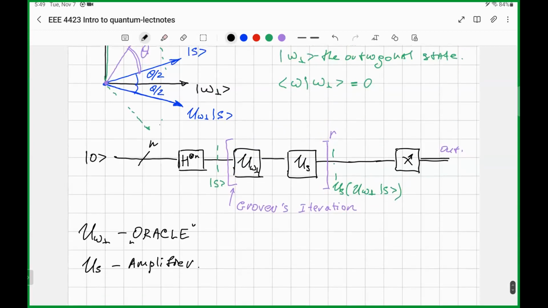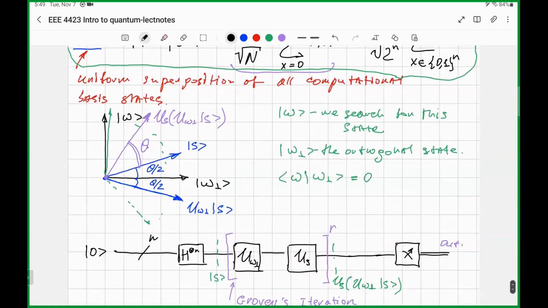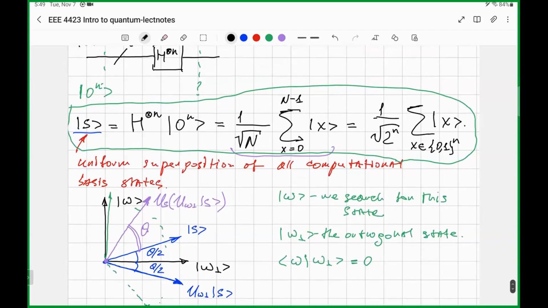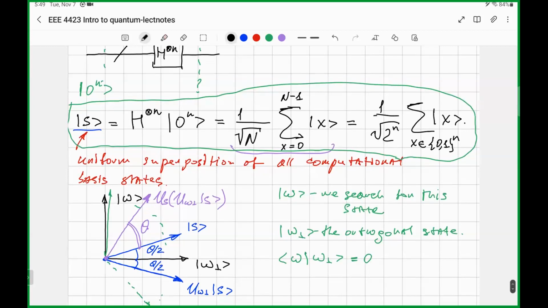Few words about this state omega. So the state omega is the state we are searching for, okay? And this state omega is one of the states x. I remind you that this state x enumerates all possible computational basis state vectors of the Hilbert space of our computer.